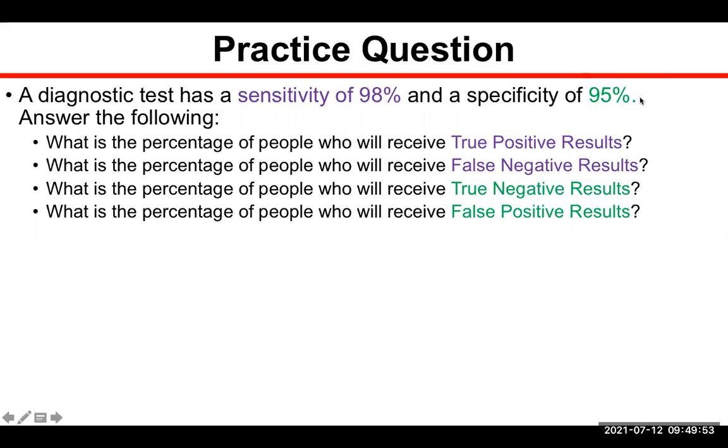Now, because we have this margin of error of 5%, that means 5% of people that aren't infected but take this test are going to end up testing positive. But again, because they're not actually infected, this is known as false positive. So this should have been 5%.